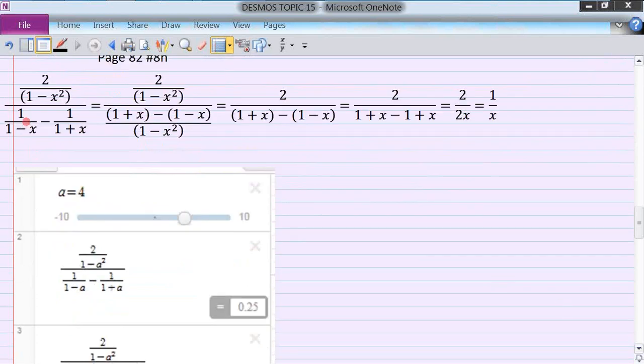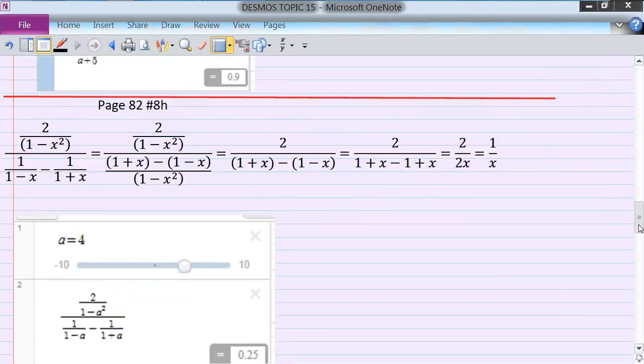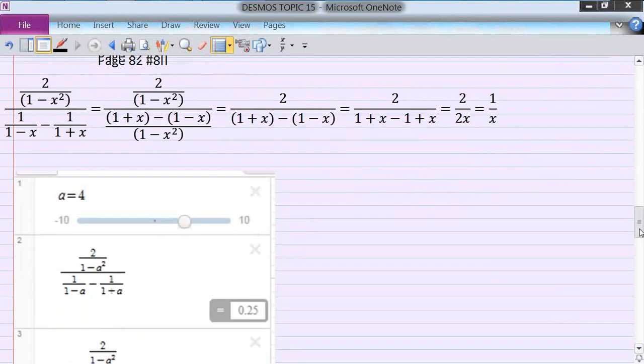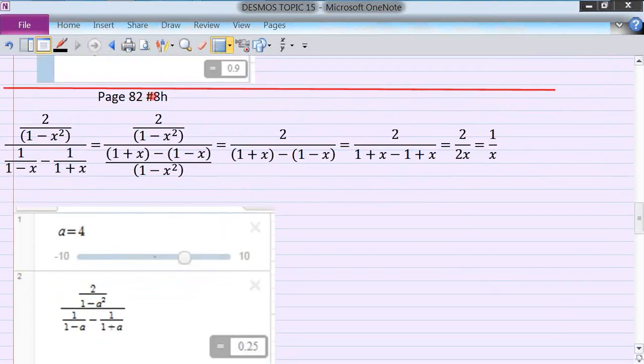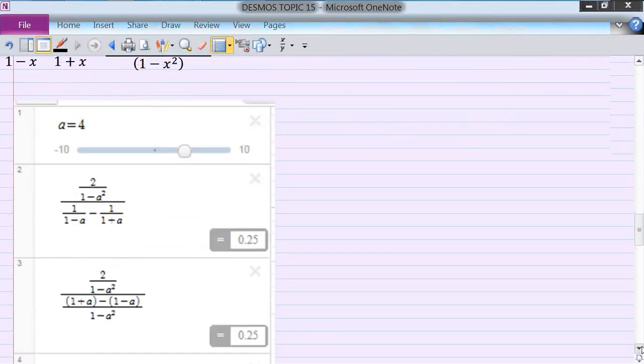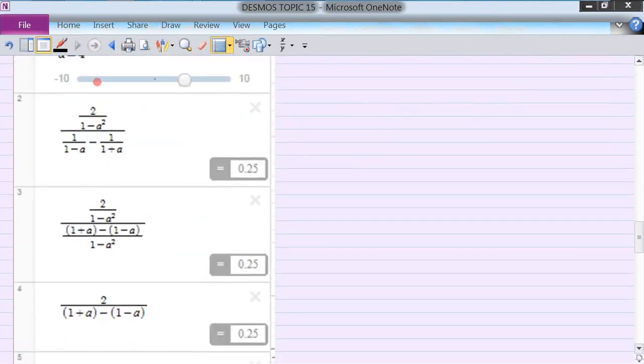Now, here we're working on problem number 82, page 82, number 8H. I've entered the problem here, set a equal to 4. And now I've taken the common denominator, 1 minus a times 1 plus a right here.